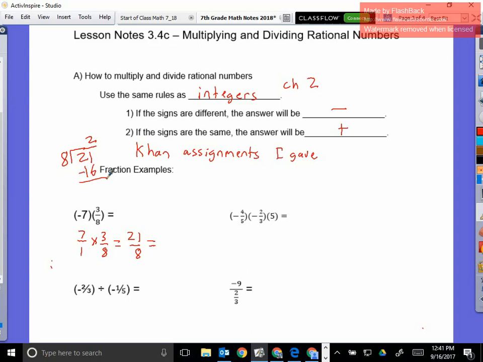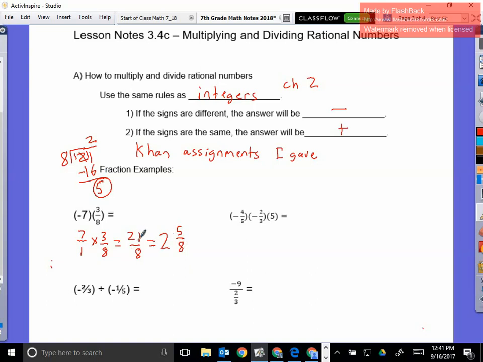Now I'm going to subtract that. Got to borrow. 11 minus 6 is going to get me 5. And then 1 minus 1 will give me 0. So 8 went into 21 2 whole times. So that is going to be my whole number. And then I have a remainder of 5, which I'm going to use to make my fraction. So it's going to be 5 over 8.